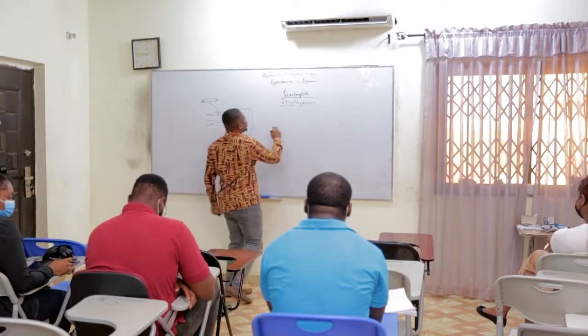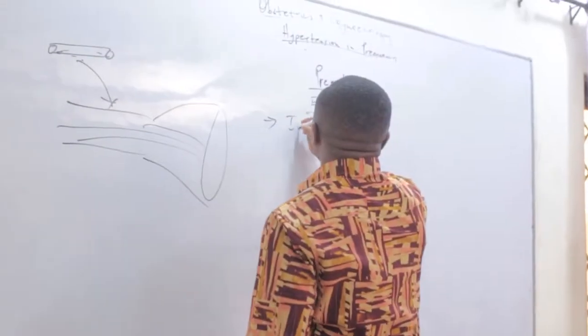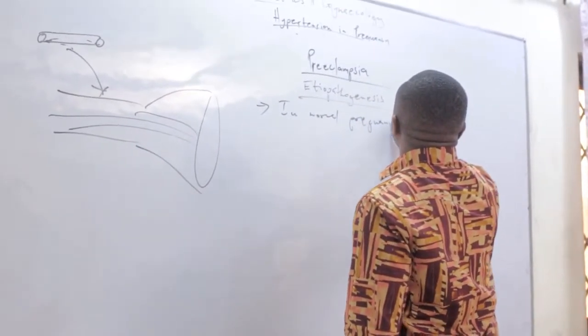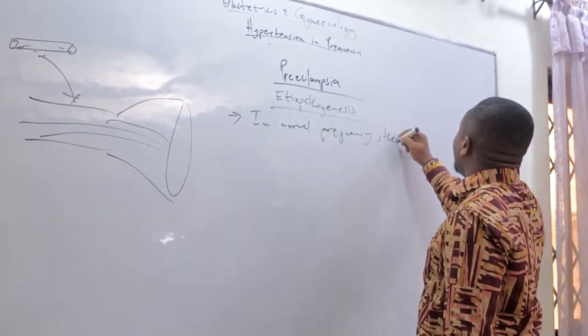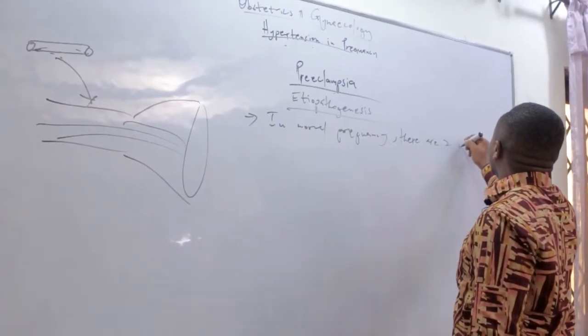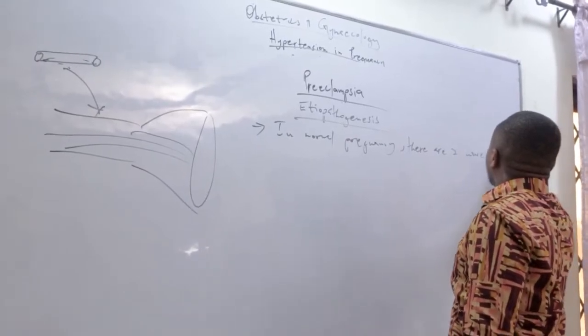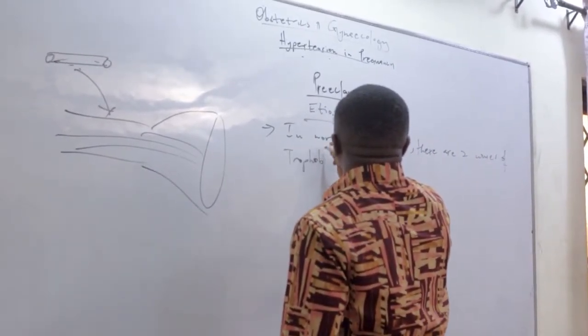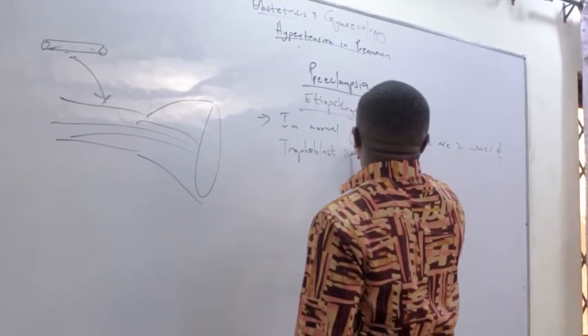So you should know that in normal pregnancy, there are two waves of trophoblast invasion.